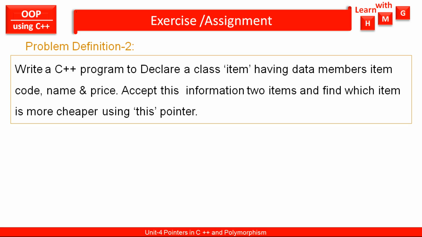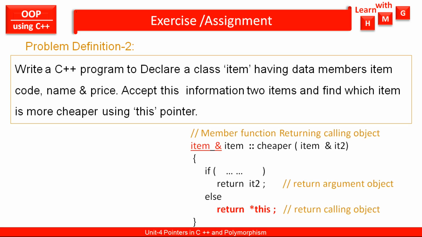This is the hint for you: you have to write a member function like this. Suppose cheaper is the member function name, which accepts the object by reference of the type item class, and it also returns the pointer to an object of the type item class. So there will be an if statement, and you have to write that condition.